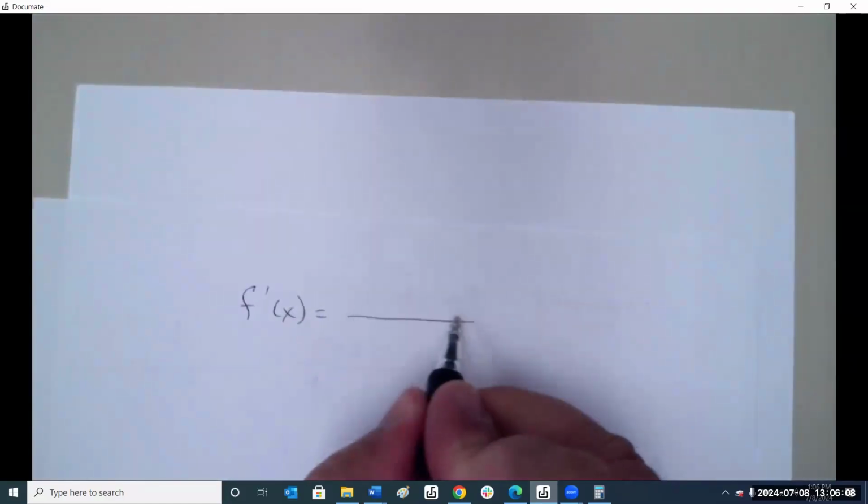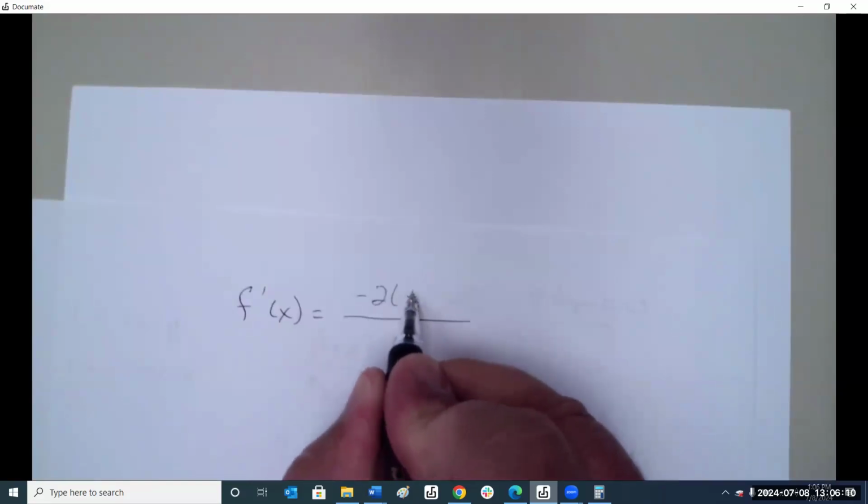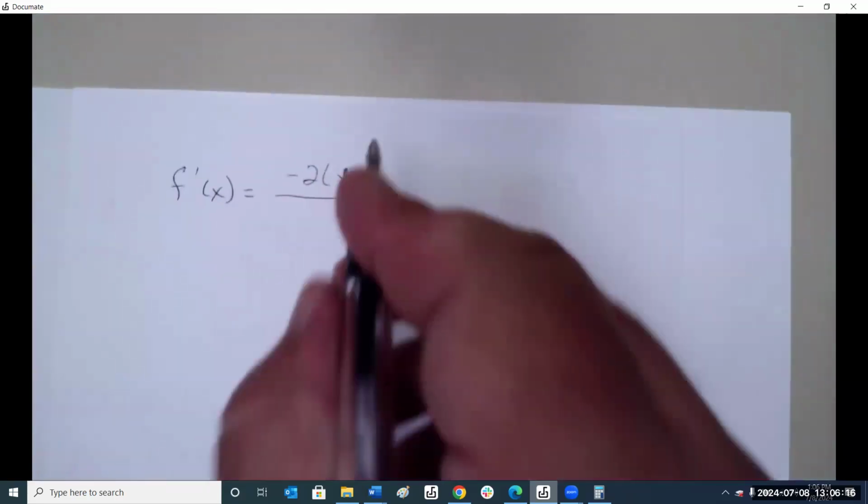And then I need the second derivative. But hopefully by now, you should be able to do this. This is finding the first derivative.